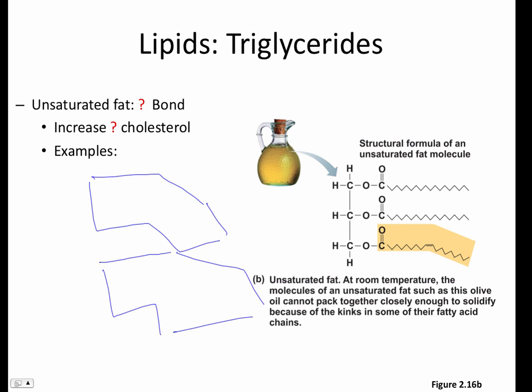And because of that, they're going to take on this liquid appearance. So unsaturated fats have at least one double bond between the carbons in the hydrocarbon chain.